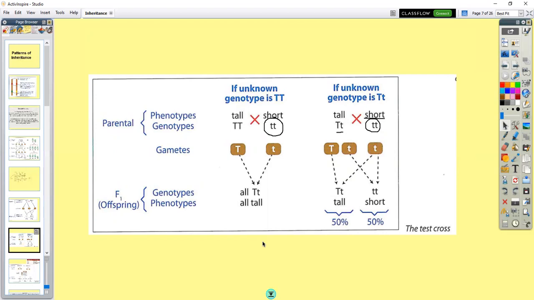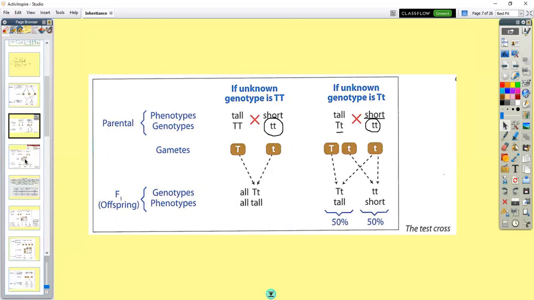So if you have a dominant specimen and you don't know whether it's homozygous or heterozygous, you cross it with the homozygous recessive, the genotype that you know, the small t. If all the offspring are tall, then it is homozygous dominant. Whereas if it's a 1-to-1 ratio, then you can say your unknown dominant one is heterozygous. So that's an example of a test cross, often referred to as a back cross.